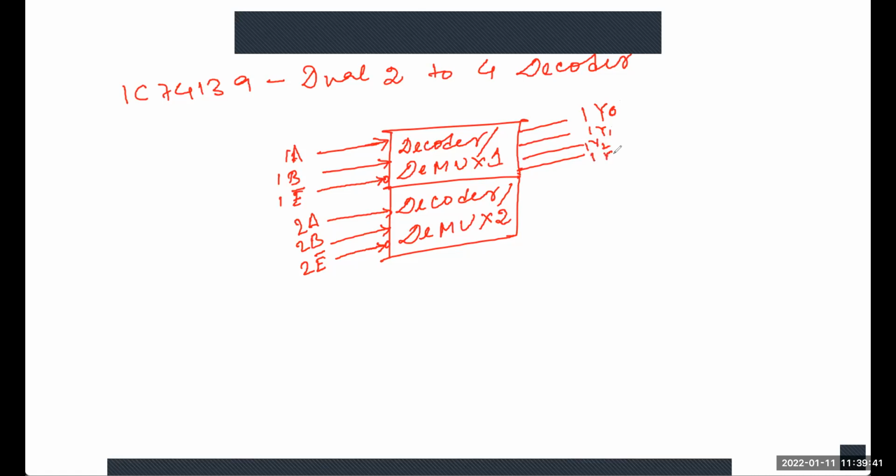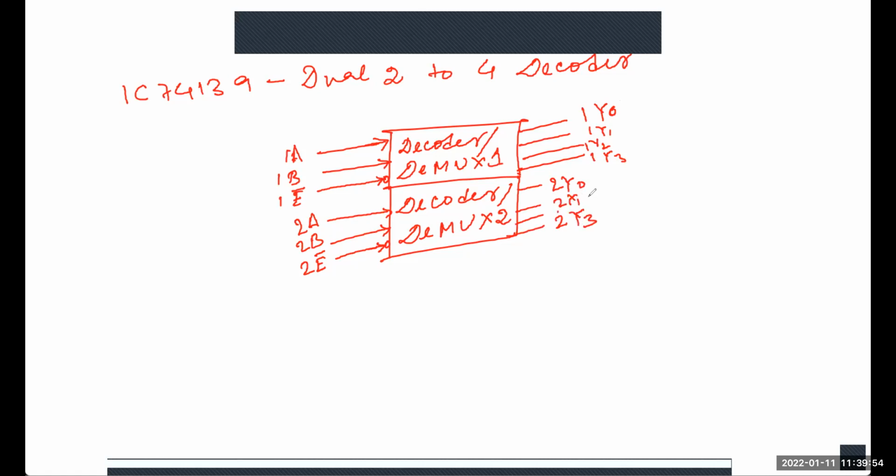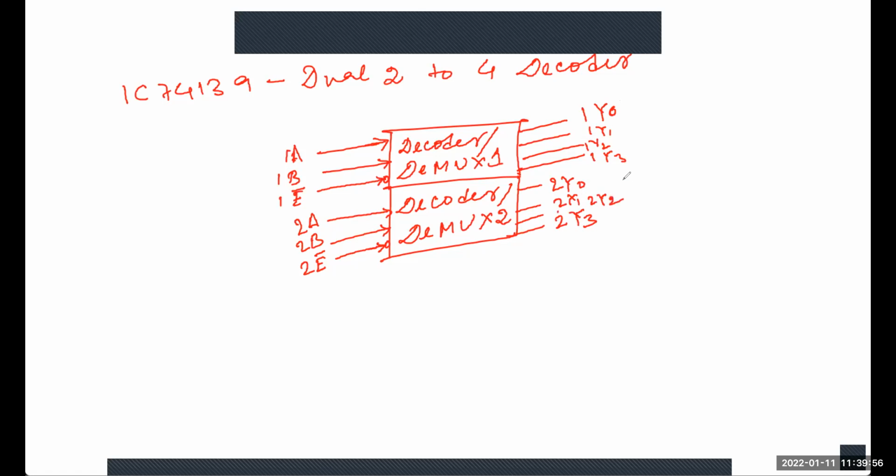Two, 5, 3. And this is same, that is 2, 0, 2, 2, 3, 2, 1, and 2, 2.